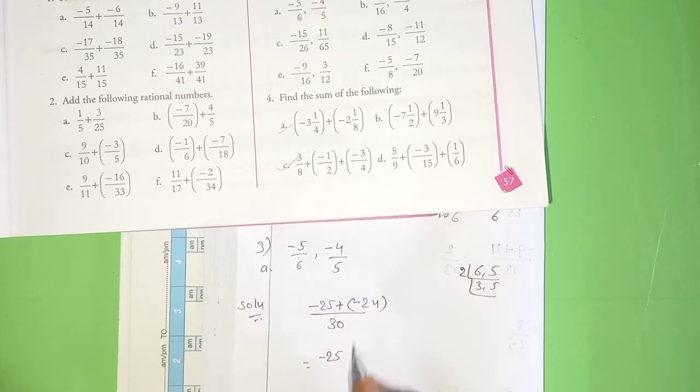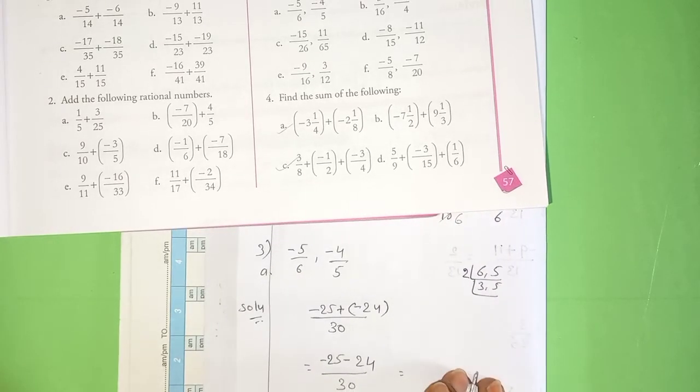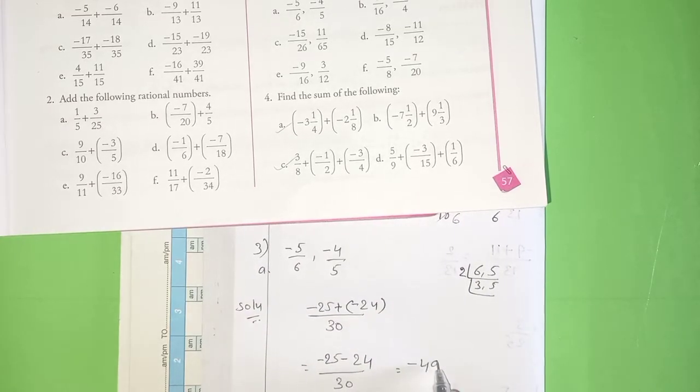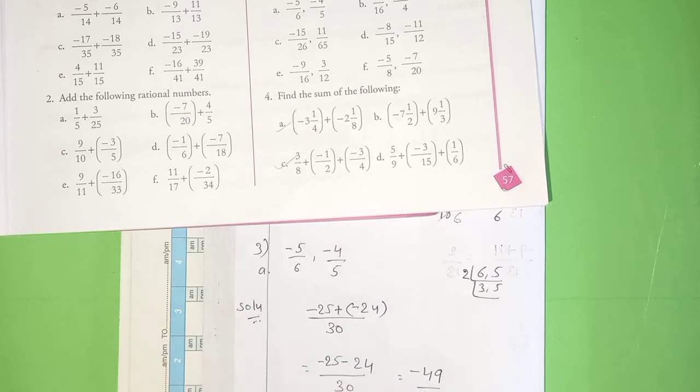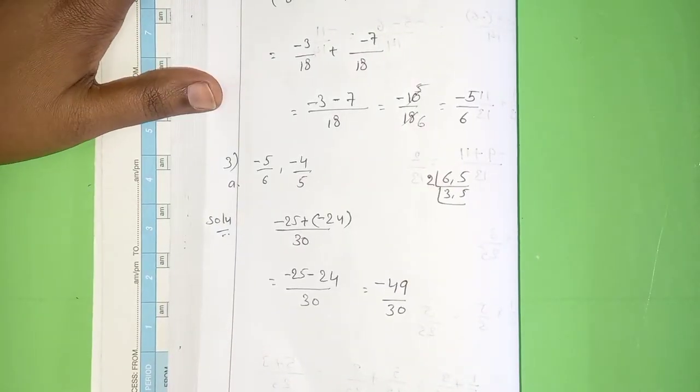Minus 25 plus minus 24 by 30. 25 plus 24, 49. Minus 49 by 30.